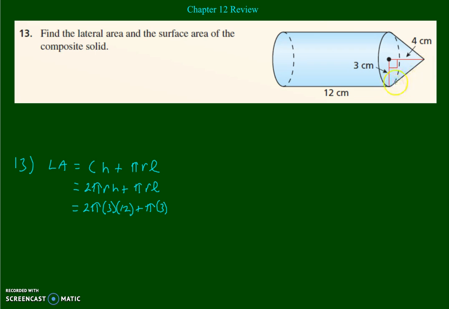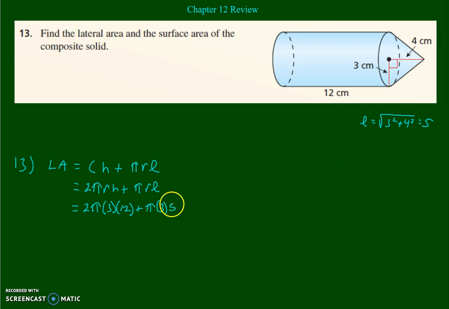And the slant height. Well, if you look in here, you see that this is a right triangle. This is a Pythagorean triple, the basic one, 3, 4, 5, right triangle. Again, if you forget that, you can always use the Pythagorean theorem. The slant height is going to be the square root of 3 squared plus 4 squared, which is going to come out to 5.